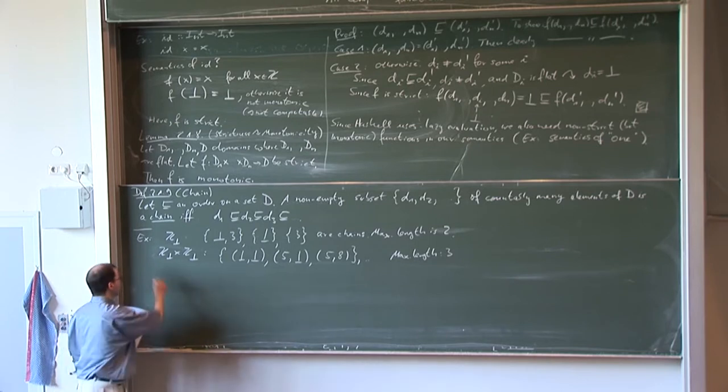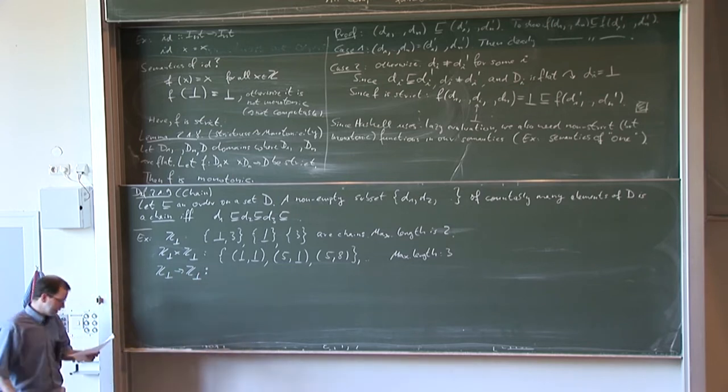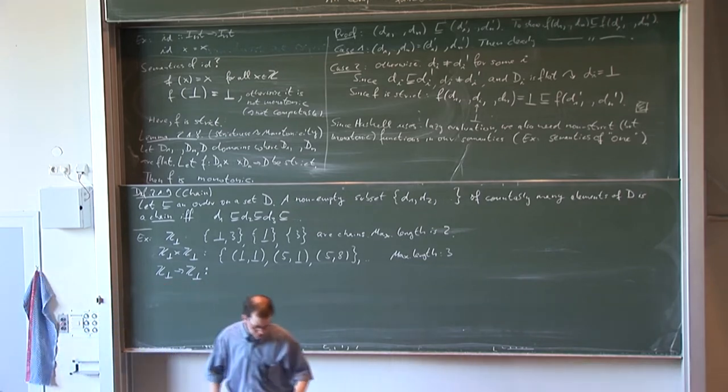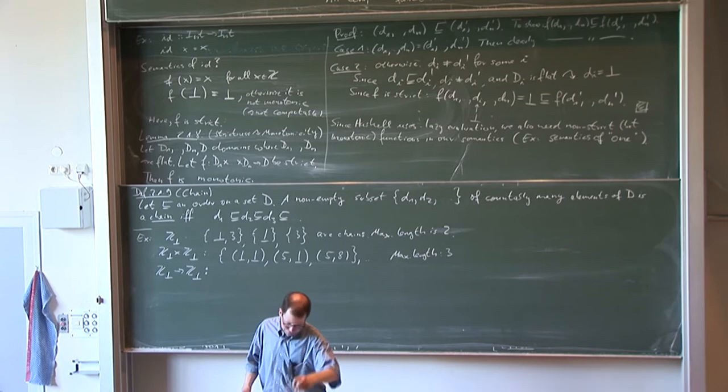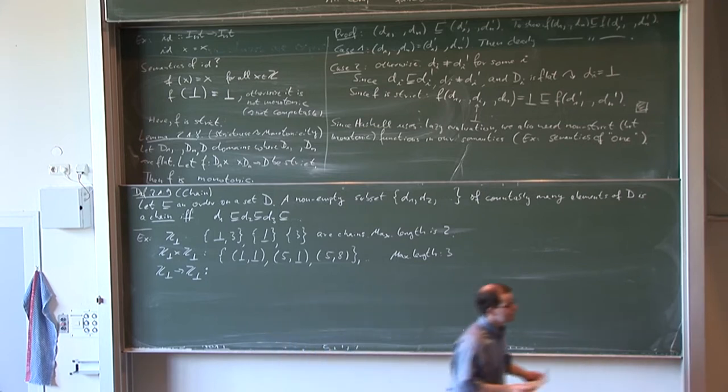Now let's look at function domains. How might chains look like here? Now here you can have infinite chains. And let's look at an example. And now this example is interesting also in the remainder of the lecture.